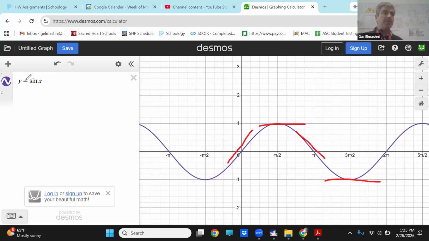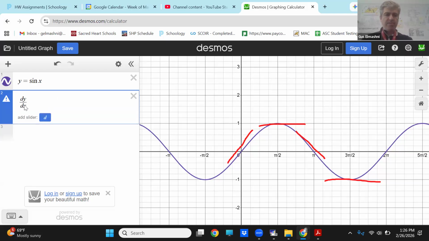We have all these horizontal tangents at every odd multiple of pi over 2: pi over 2, 3 pi over 2, 5 pi over 2, 7 pi over 2, negative pi over 2, negative 3 pi over 2, negative 5 pi over 2, negative 7 pi over 2, and so forth. So what trig function would be 0 at these odd multiples of pi over 2? Cosine, yeah. And doesn't cosine start out being positive?